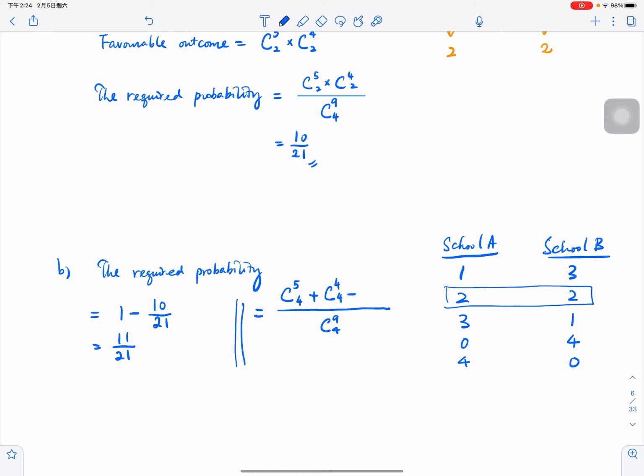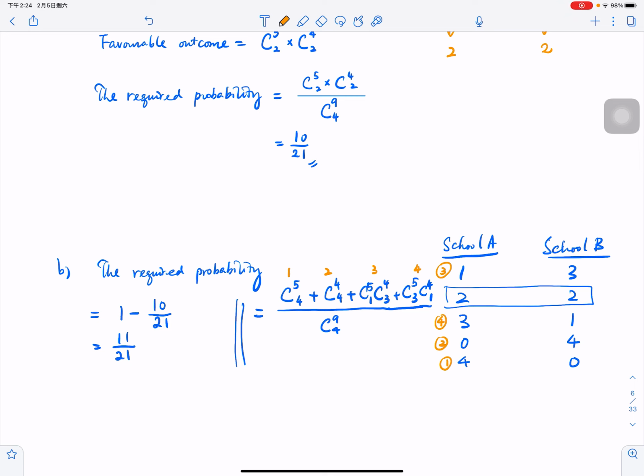Maybe 1 from school A, 5C1, and 3 from school B, 4C3. And the last one, 3 from school A and 1 from school B. So you can choose these 4 situations: 1, 2, 3, 4. Let's have a look. This is 1, this is 2, this is 3, and this is 4.